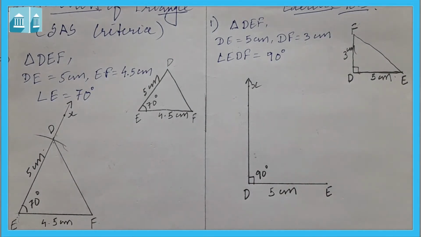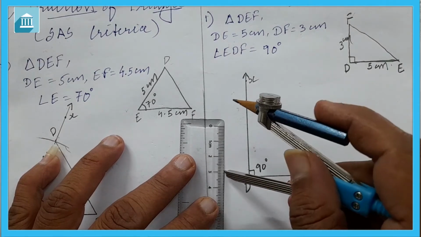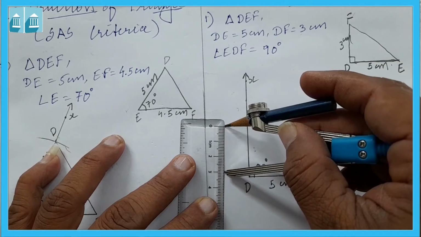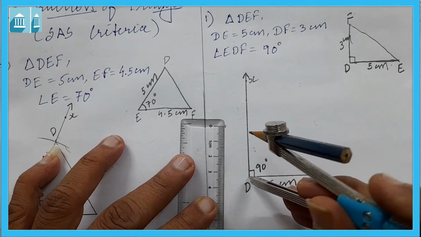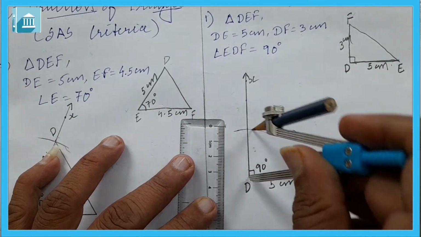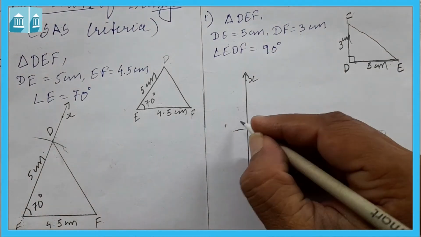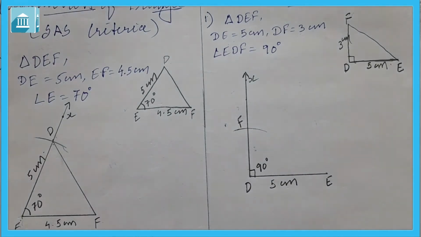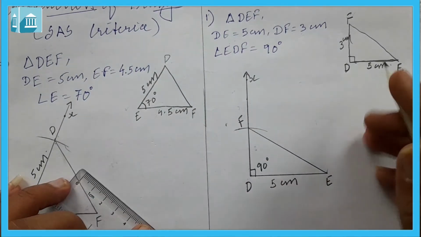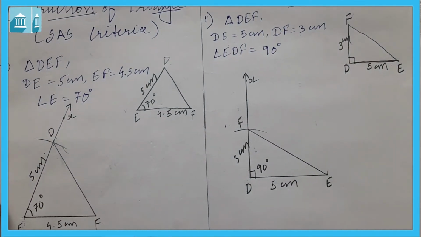So with center D and radius 3 centimeter, we need to draw an arc like this which intersects the ray DX at F. Now join FE. Here it will be 3 centimeter.